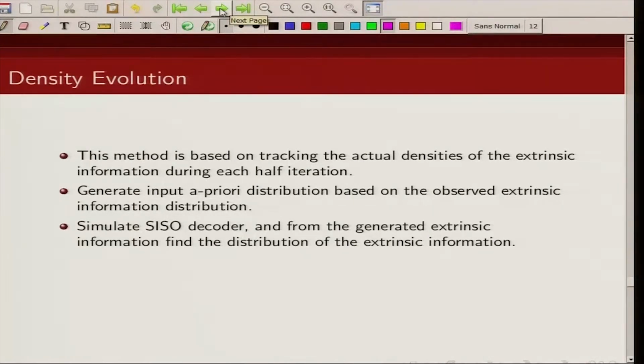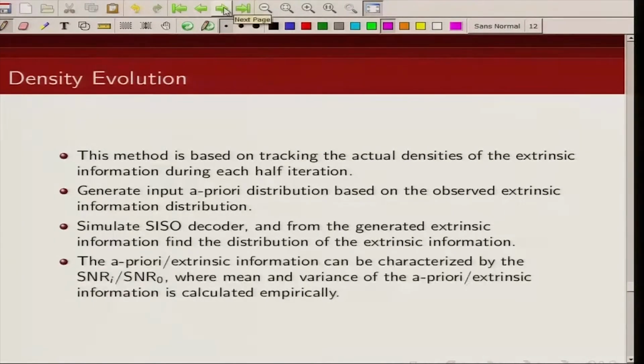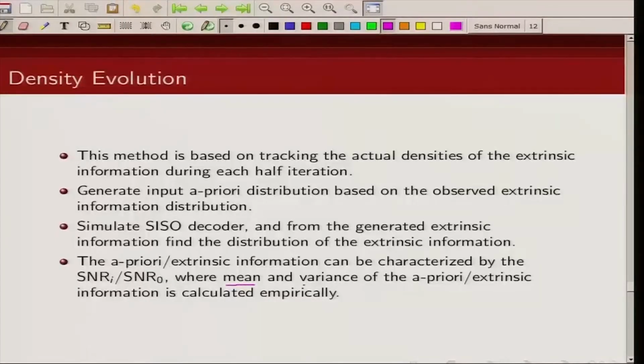information, and they find out the distribution of the extrinsic information. And similarly, they characterized the SNR of the input distribution as well as the output distribution using mean and variance, which was empirically computed.